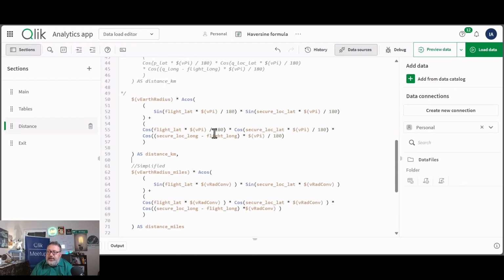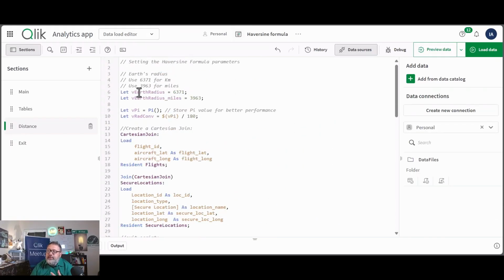And then you run it. How do I know this will be in kilometers? Well, you just multiply that by whatever the great circle radius is. So if I'm providing the Earth radius in kilometers, then I'll get my answer in kilometers. If I provide it in miles, then I'll get it in miles.